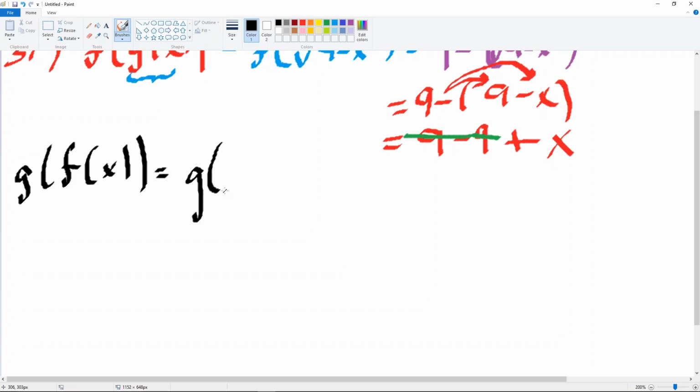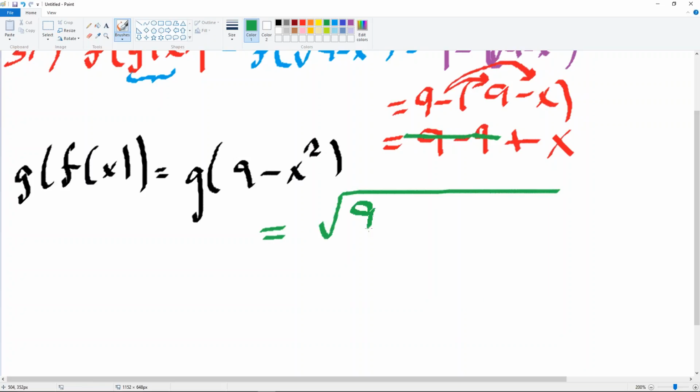Nine minus x squared, right? And now this says go to your g function and plug in 9 minus x squared everywhere you see an x. So I have the square root of 9 minus parentheses 9 minus x squared.